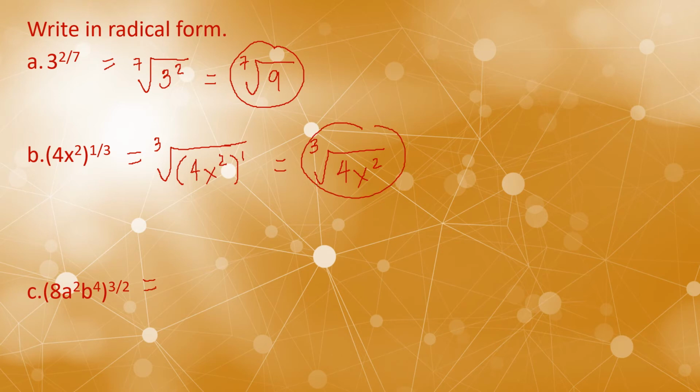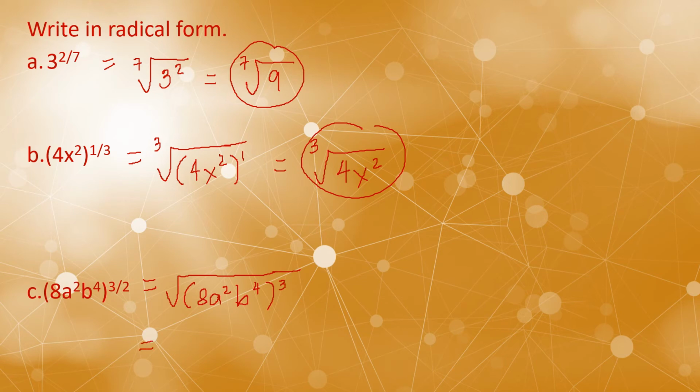Number 3, we have 8a squared b raised to the fourth power, quantity raised to 3 over 2. In radical form, this is the square root of 8a squared b raised to the fourth power, quantity raised to the third power.